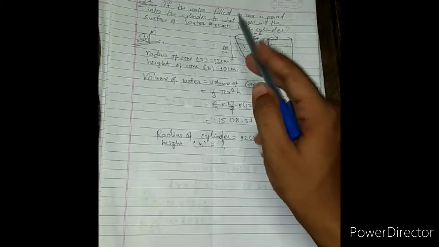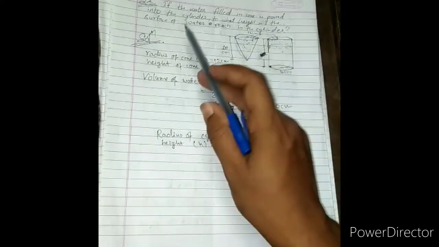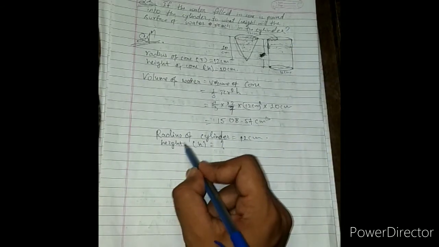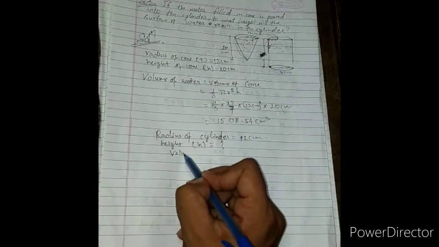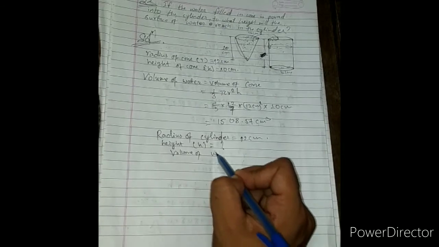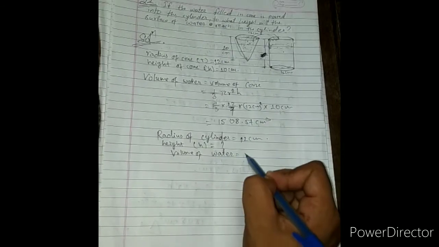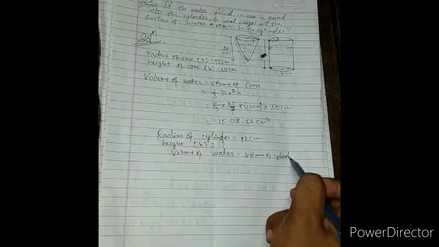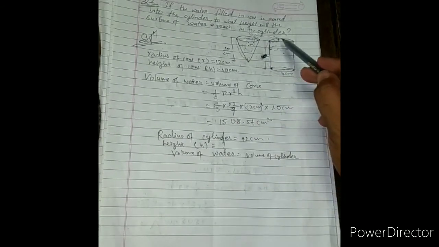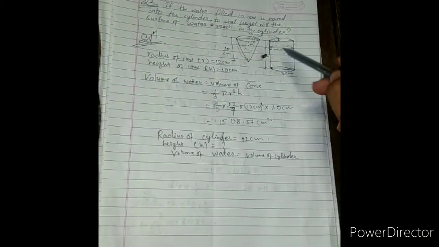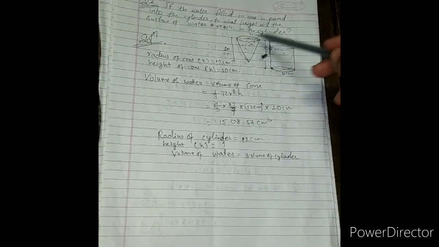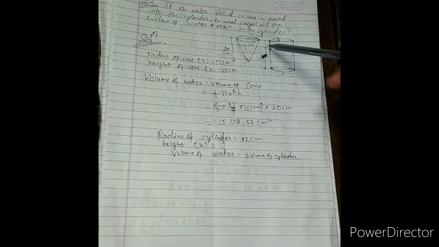So we just have to find the height of the surface of water. So the height of the water level in the cylinder you have to find. So the volume of water here is the volume of cylinder, because when you put this water, it will also form a cylinder, because water does not have a fixed shape.